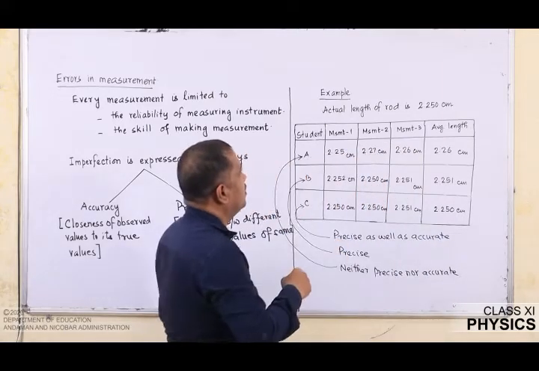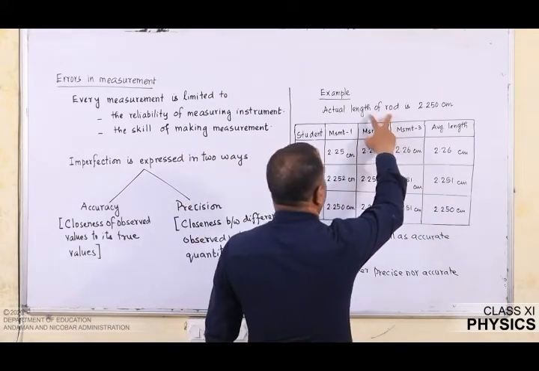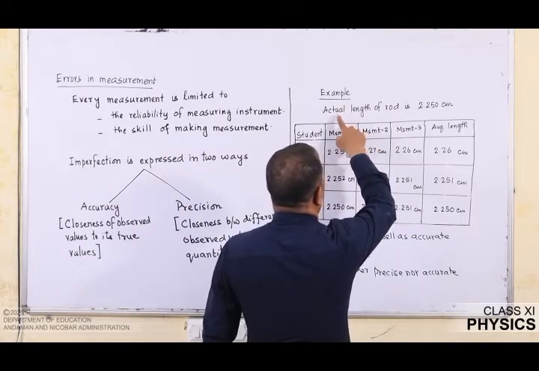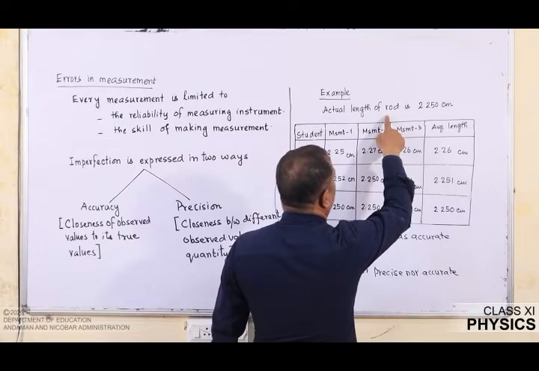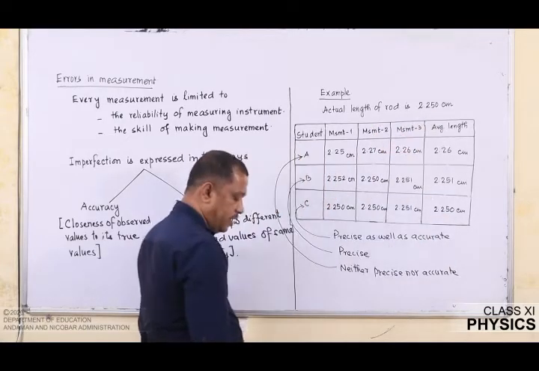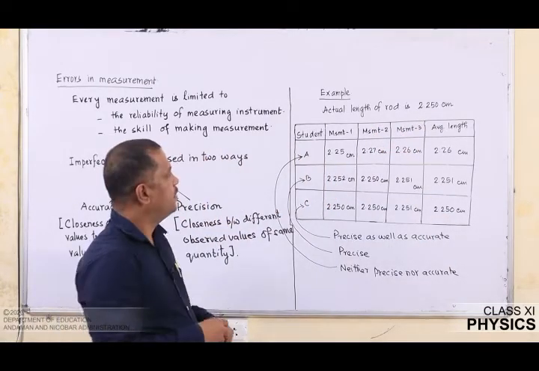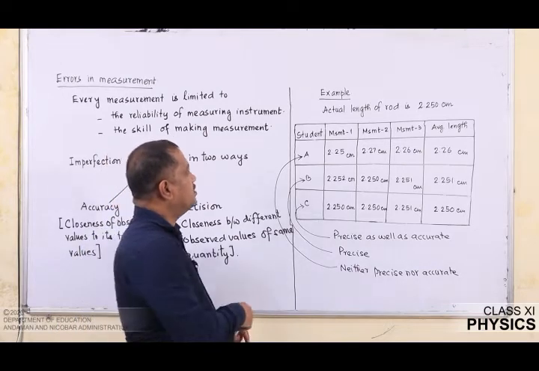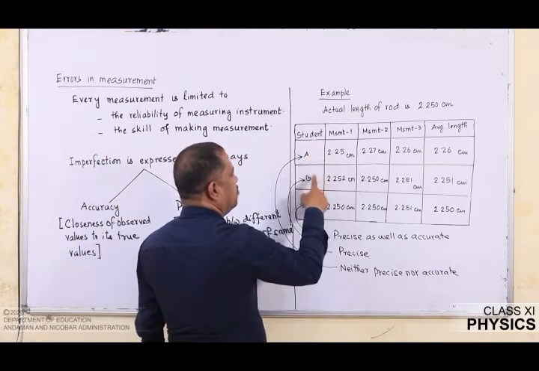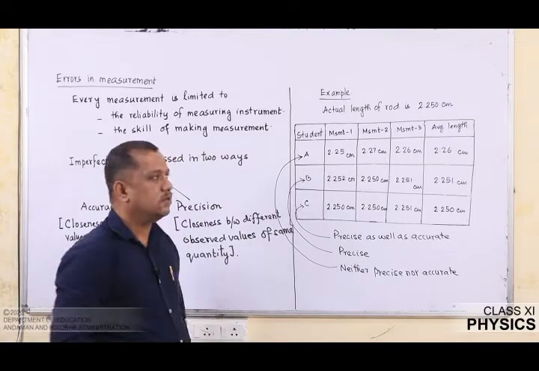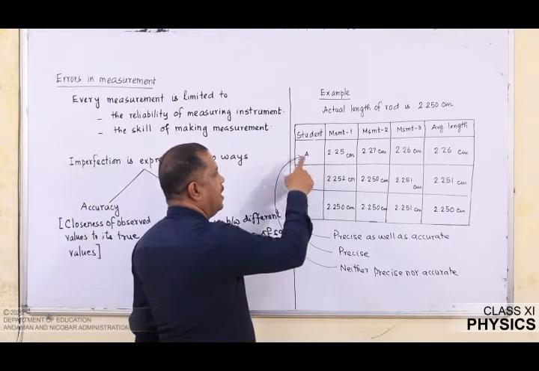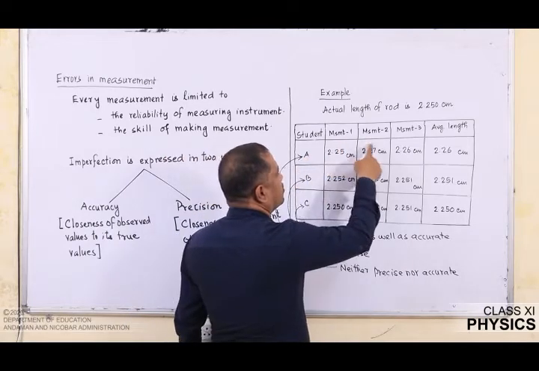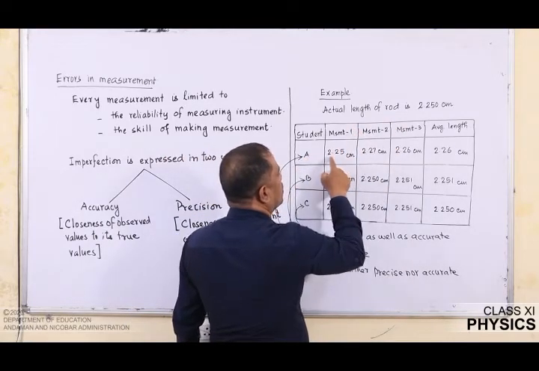We have a rod and its length is measured. The true value, the actual length of the rod, is 2.250 centimeter. Now, we ask 3 students, A, B and C, to measure the length of the rod. Student A measures the length 3 times.